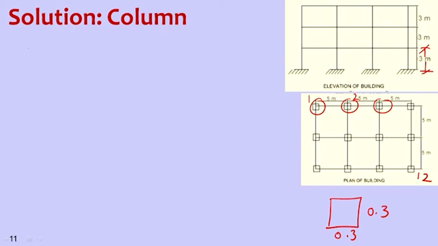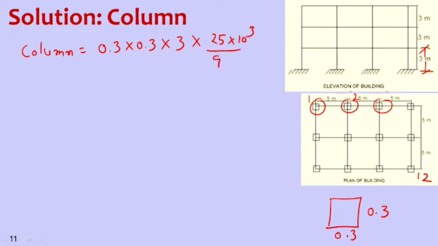So the mass of a column is 0.3 by 0.3 cross section, multiply by height, multiply by density, divided by 9.81, which will give me the total mass as 8,256.88 kg. So this is the column.